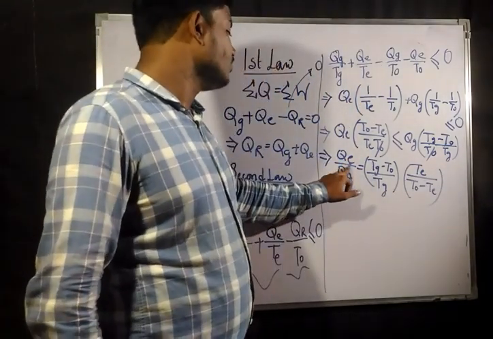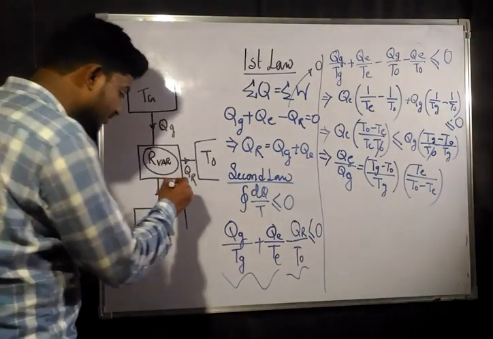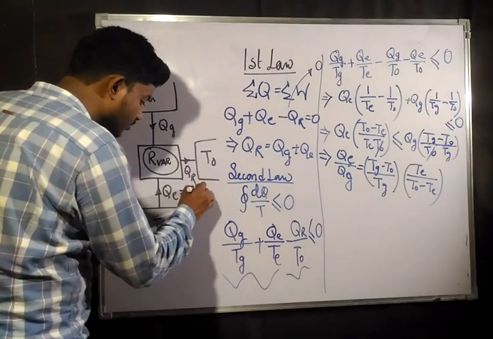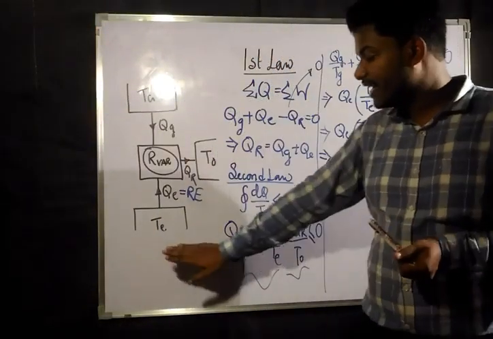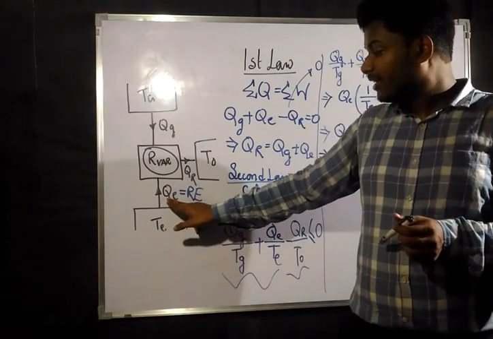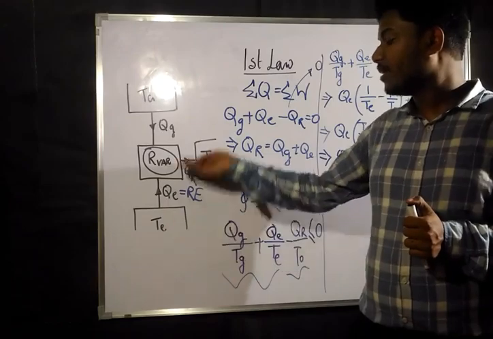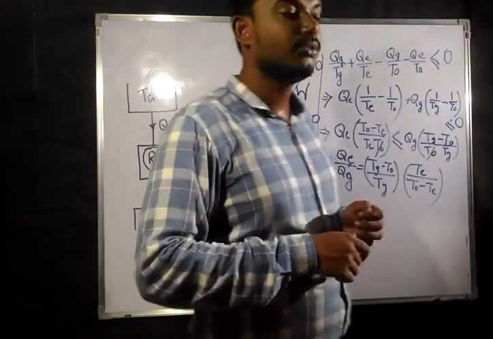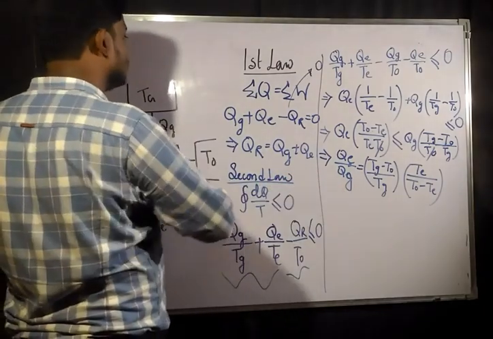Now Qe is what? From this vapor layout, Qe is the amount of heat which we need to take out so that we can maintain a temperature of Te. Qe is, you can say directly, the refrigeration effect. That means this is the amount of heat we need to take out so that we can maintain a temperature of Te. And what is Qg?